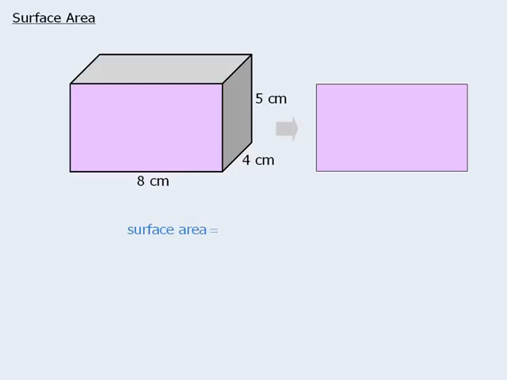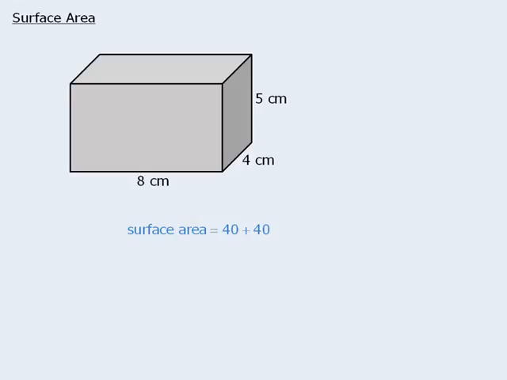Notice that this face has the following dimensions. Since this is a rectangle, we can find the area by multiplying its base times its height to get an area of 40 square centimeters. This is the area of the front face, so we can add this to our calculations. Now, since the face at the back of this box is identical to the face shown here, that back face will also have an area of 40 square centimeters, so we can add this to our calculations as well.